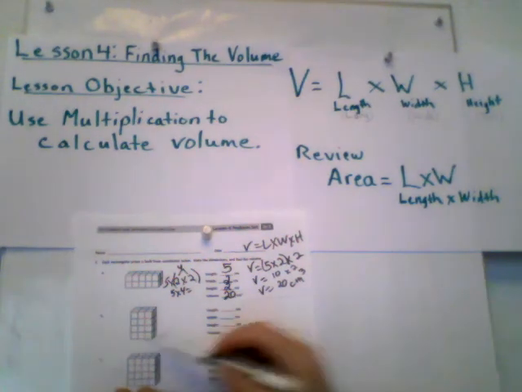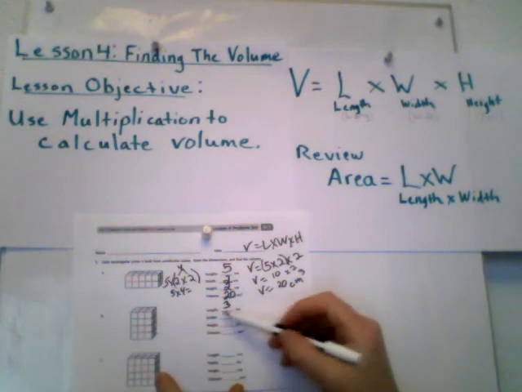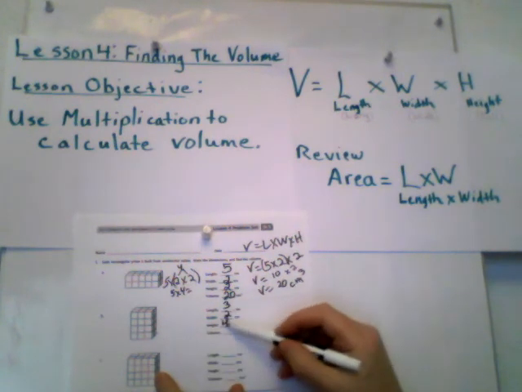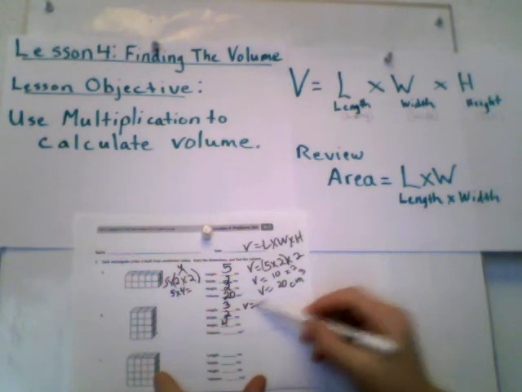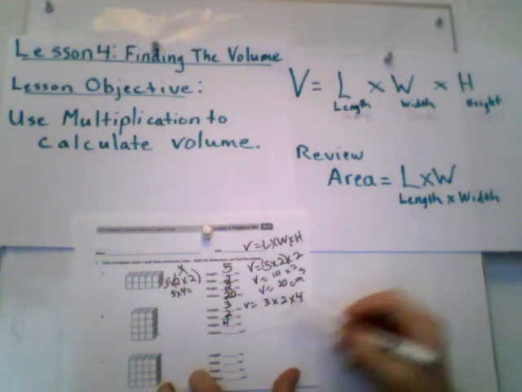My length is 3. My width is 1, 2. My height is 1, 2, 3, 4. So to calculate the volume, 3 times 2 times 4.